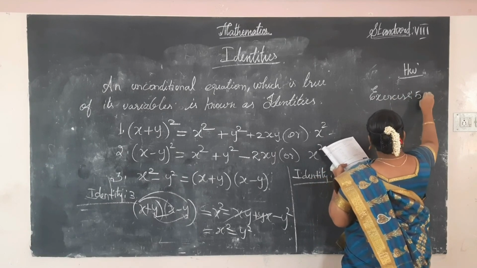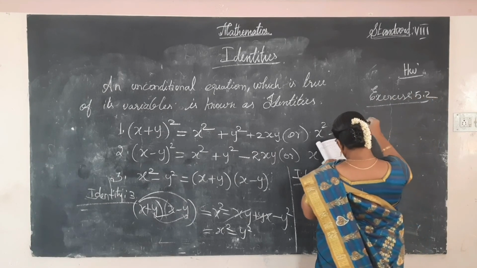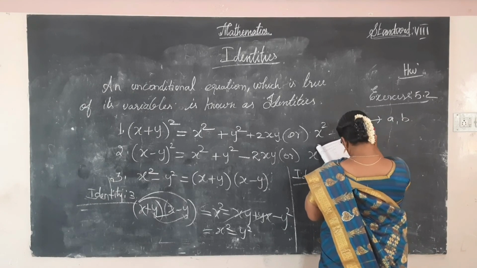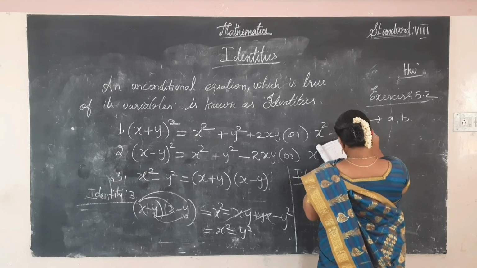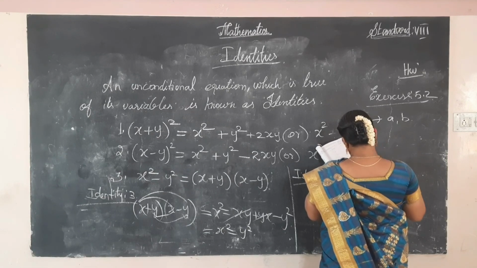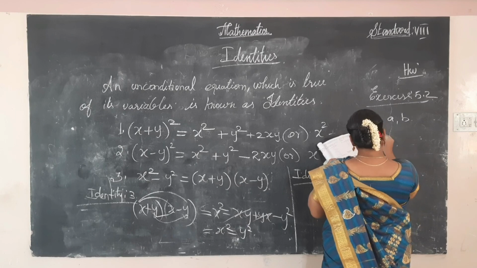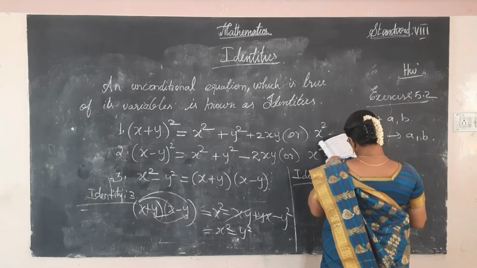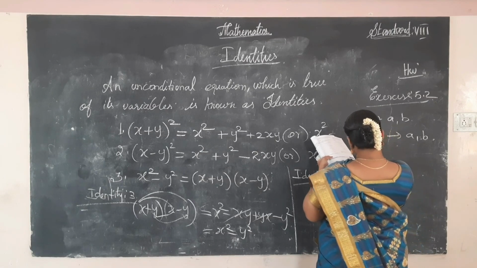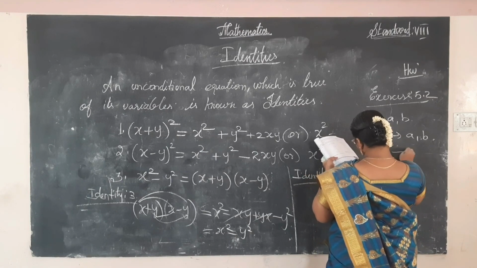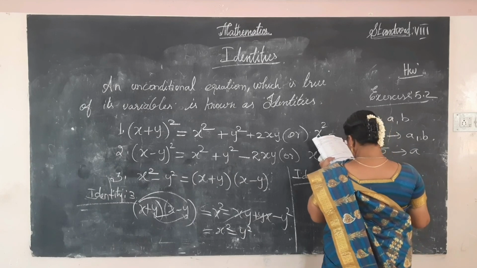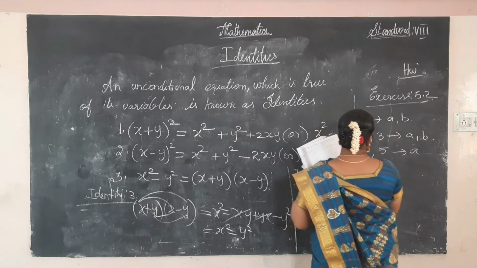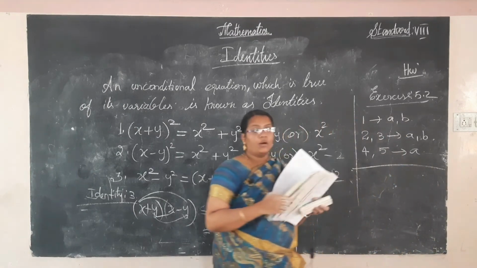Exercise 5.2: first A, B; second; third A, B; fourth; fifth A; and sixth. Complete. Okay, so everyone should complete the homework.